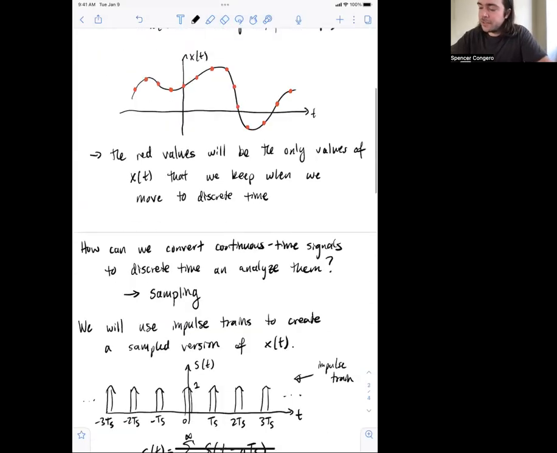In this picture, I'm going to sample this value at 0, the next value at t sub s, the next one at 2 t sub s, and so on. I'll draw this picture again in a second, don't worry, but that's how it relates to the red values we talked about earlier.